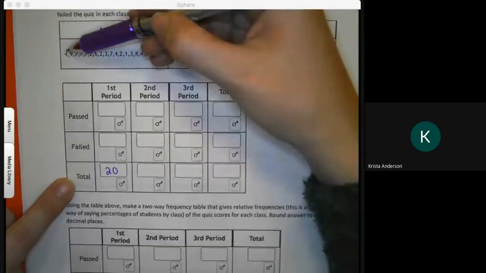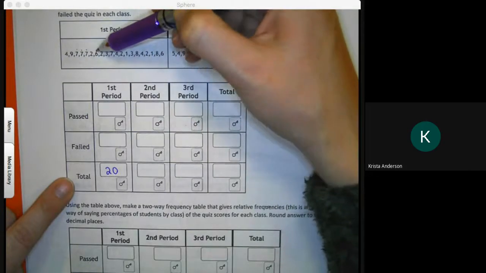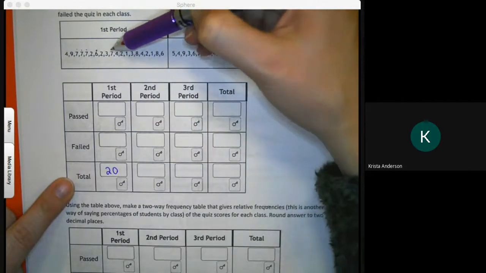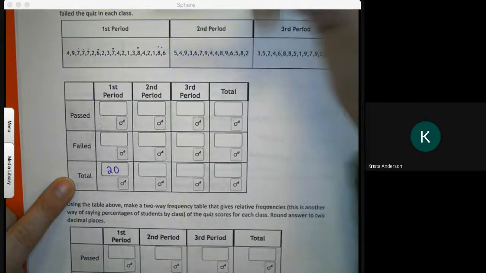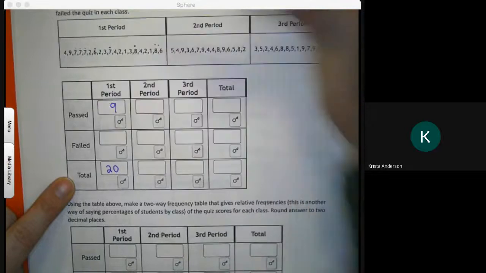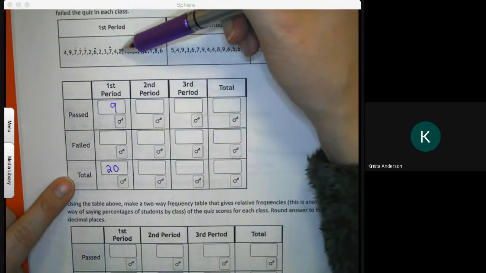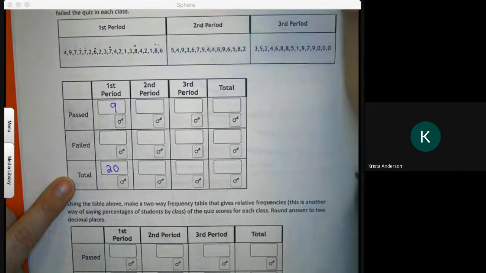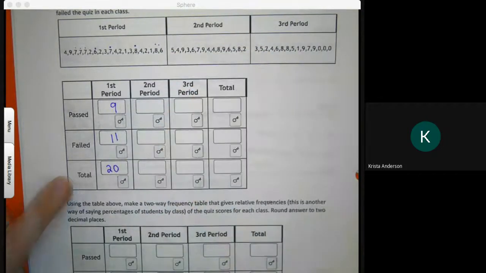So I count 9. I count the rest, 11. Which makes sense because 9 and 11 make the total 20.